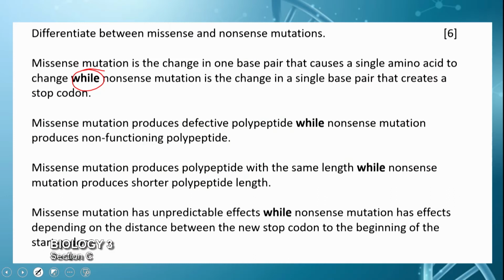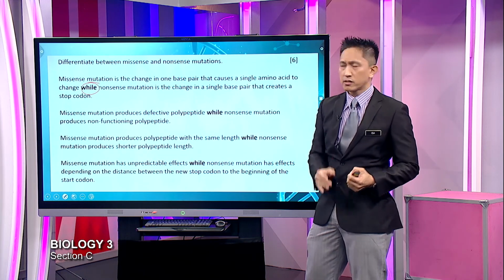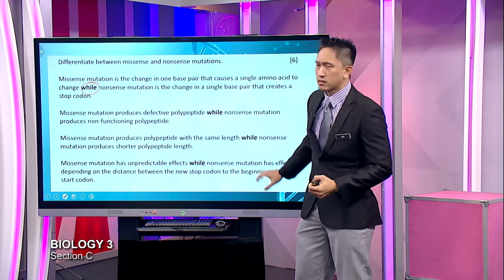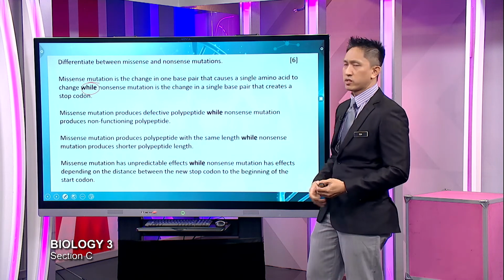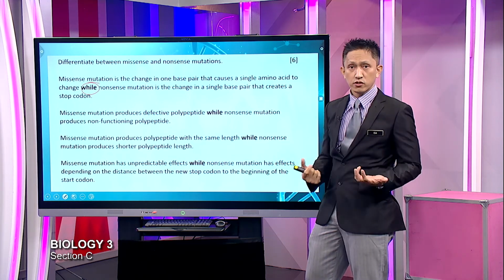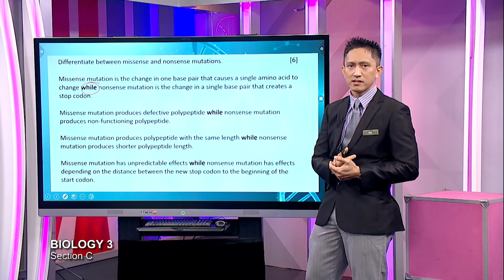Now usually candidates, okay, if you write one paragraph, you talk all about the missense mutation, and then on the second paragraph, you write all about the nonsense mutation. That is not accepted. You're not making comparisons. When you are making comparisons, this is how you should write your answer, right? That shows you are making comparisons between two parameters. Okay, boleh faham maksud cikgu? Jangan tulis dalam satu perenggan semua pasal satu bahagian saja.